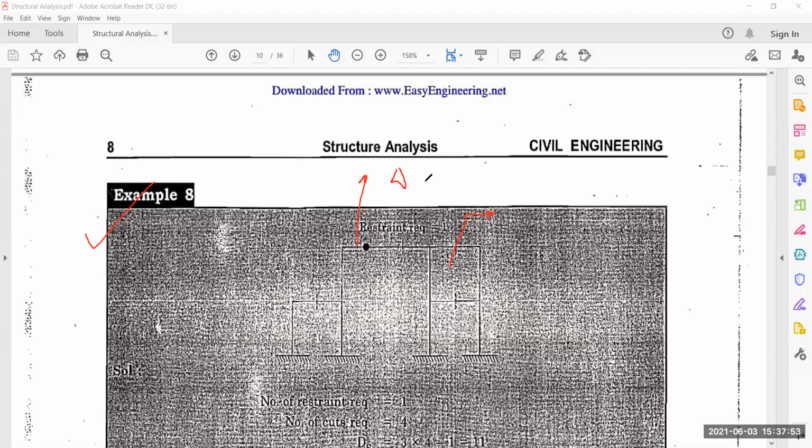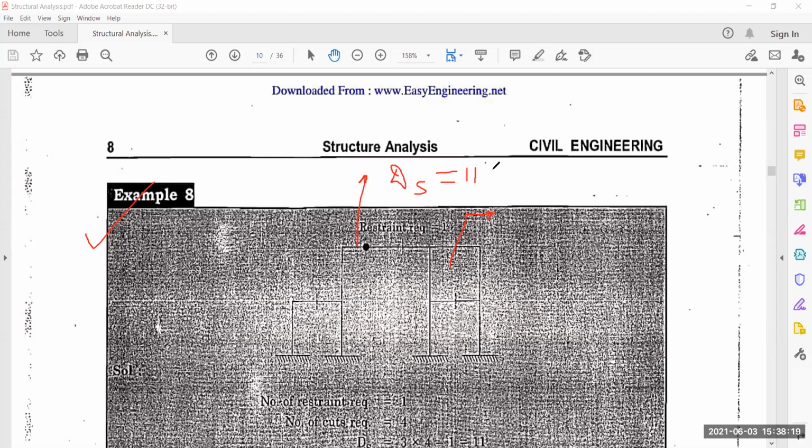Amrita, what's your answer? Yes, sir, 11. Okay. Amrita, can you say how you calculate DS is equal to 11? So here, since the frame is already fixed, we don't need to add any constant.